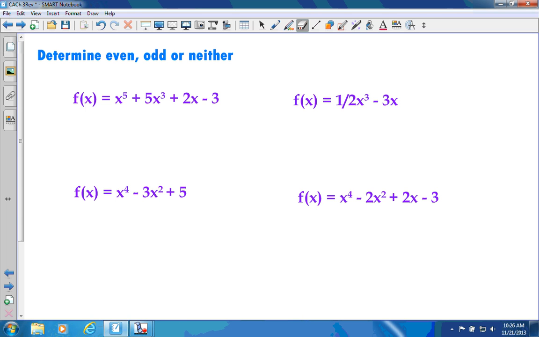Now then, having to determine even, odd, or neither, you can put them in your calculator. Remember, if it's even, it would mean it reflects over that axis. Odd means that it reflects over this point.